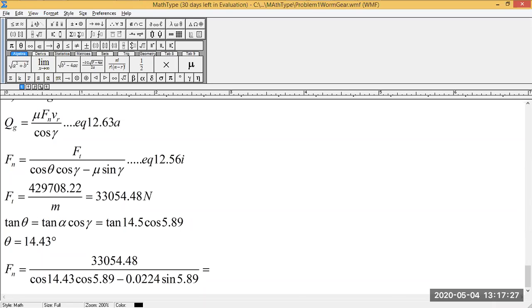So the Fn value I've got as 34394.98 newtons.